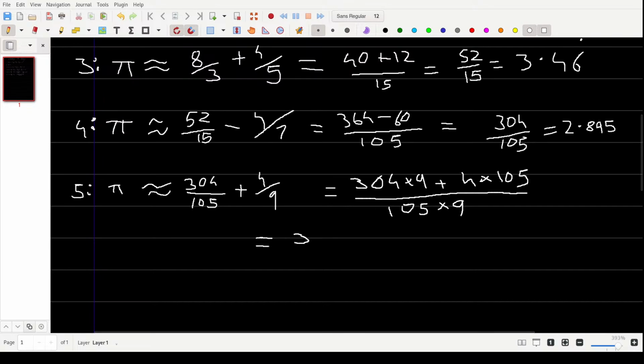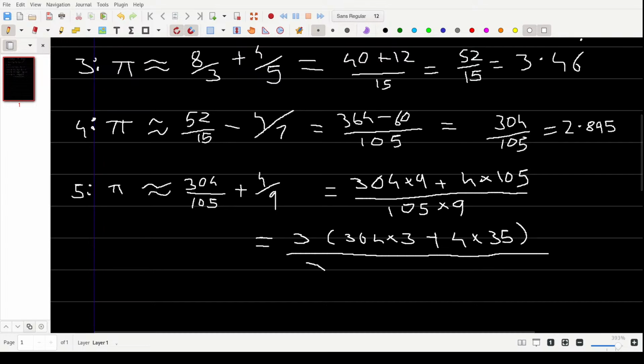You can factor out 3 to get 304 times 3 plus 4 times 35 over 3, 105 times 3. So yeah, you have to remove the 3 from both of the numerators. That's where I was going wrong.